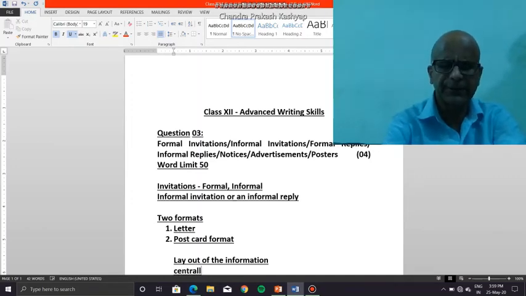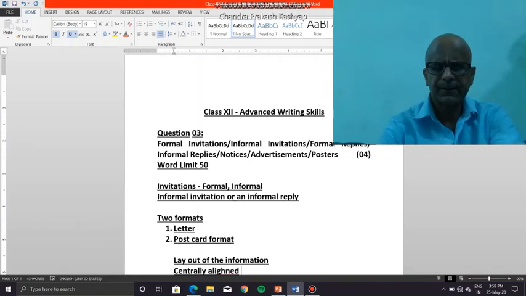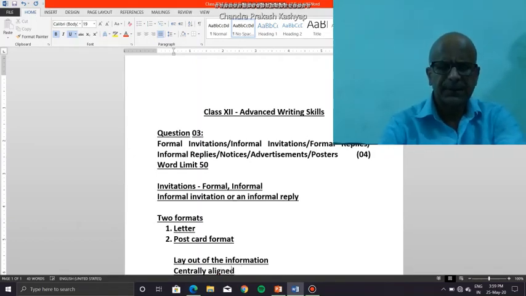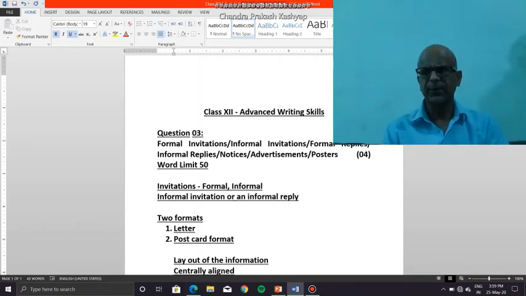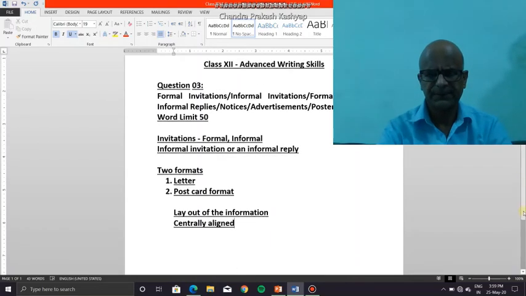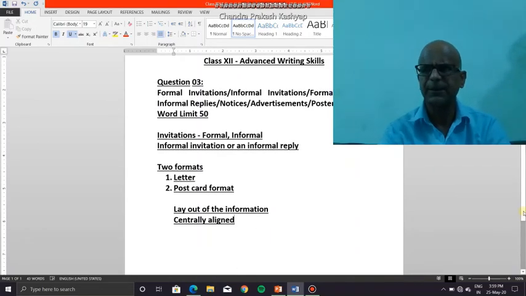If you recall the way the information is laid out in a wedding card, it is always centrally aligned, and that presents an appealing view.